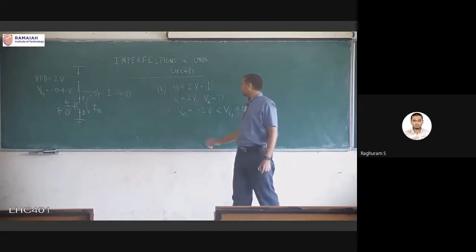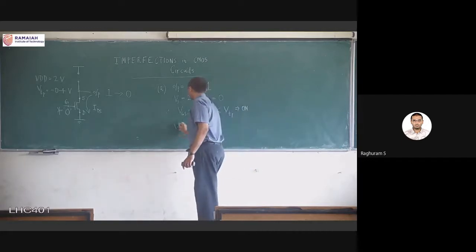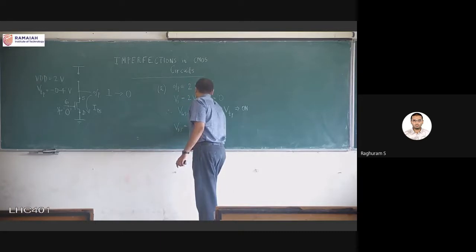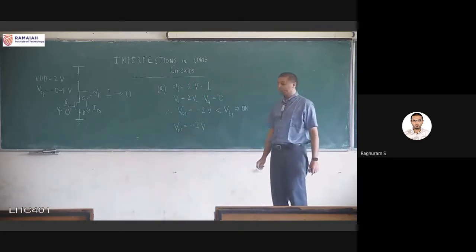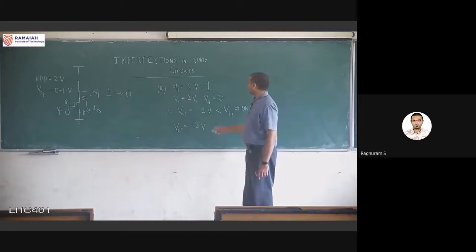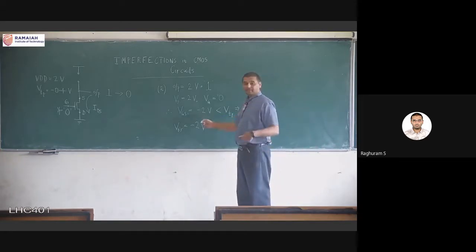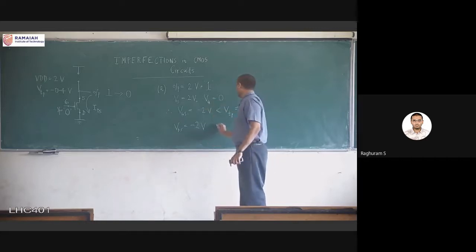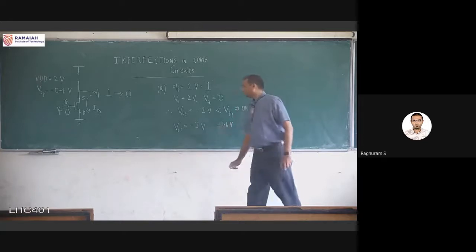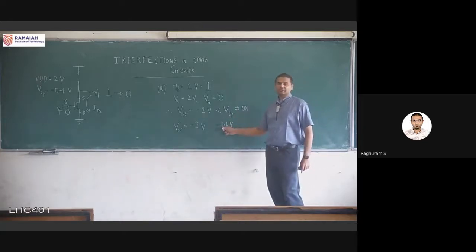So VDS equal to minus 2 volts, and I have to compare this to VGS minus VT, that is minus 2 minus of minus 0.4, which is minus 2 plus 0.4.